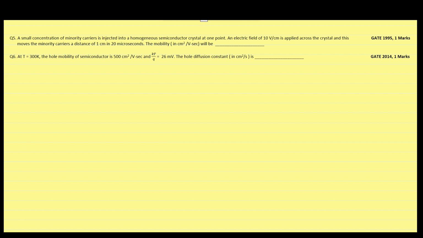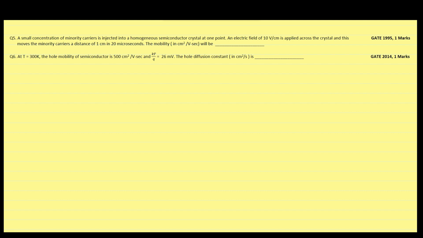Now the fifth question is, a small concentration of minority carriers is injected into a homogeneous semiconductor crystal at one point. An electric field of 10 volt per centimeter is applied across the crystal and this moves the minority carriers a distance of 1 centimeter in 20 microseconds.